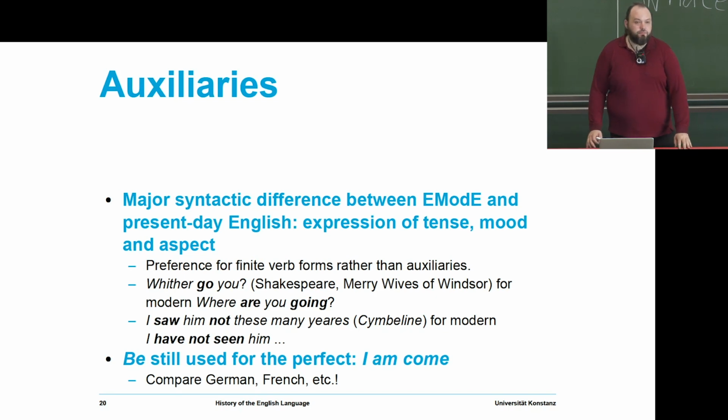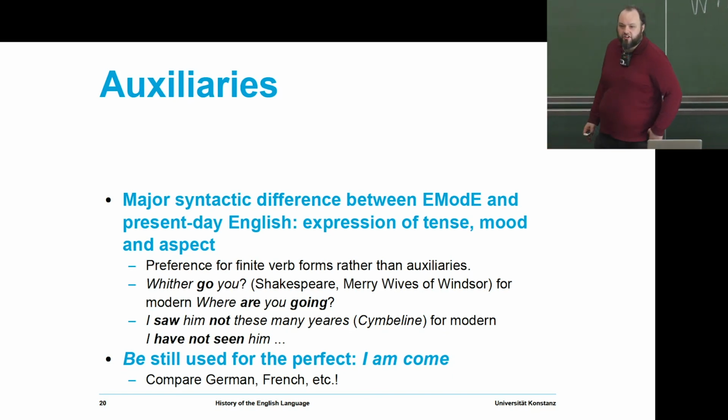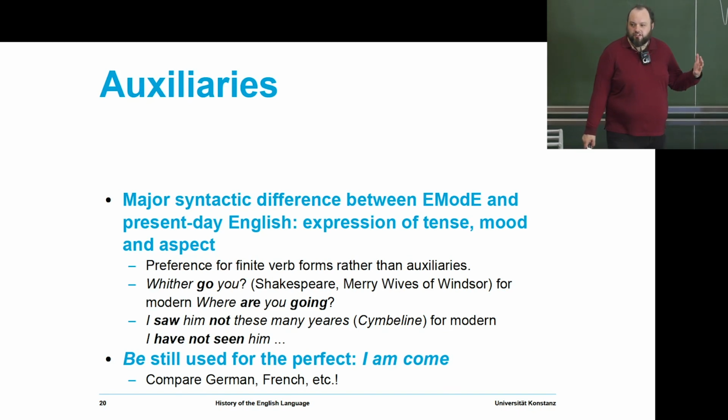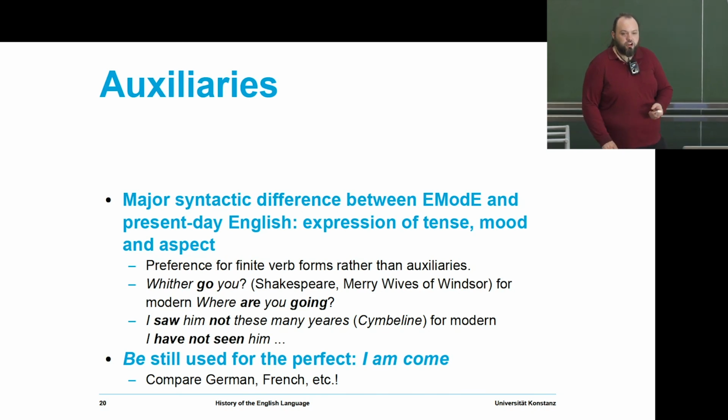We also see be being used for the perfect sometimes. So normally to form a perfect, in modern English, we always use have. I have come, I have died, so on and so forth. With certain verbs, in the early modern period, we use be. So for instance, come would be I am come.